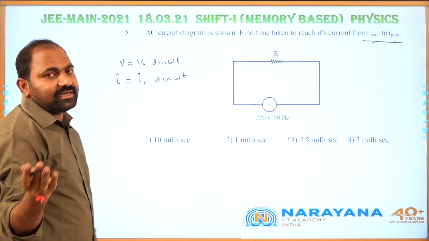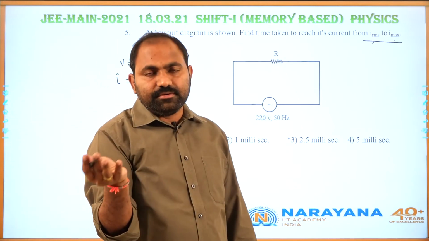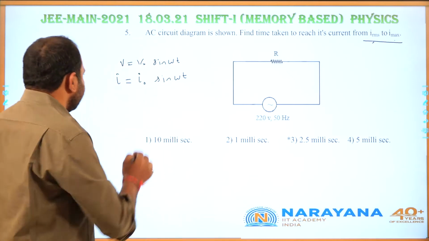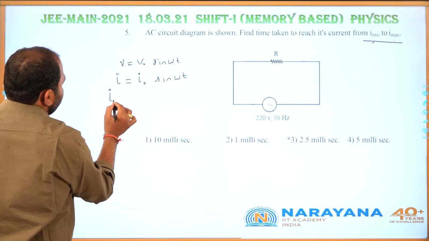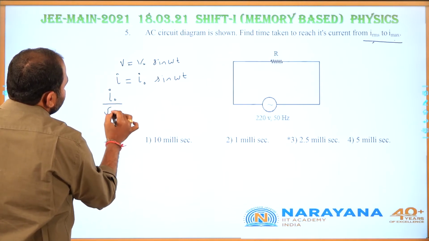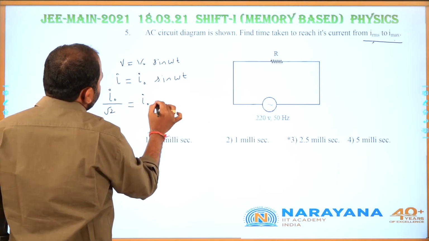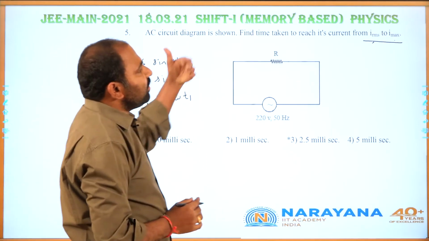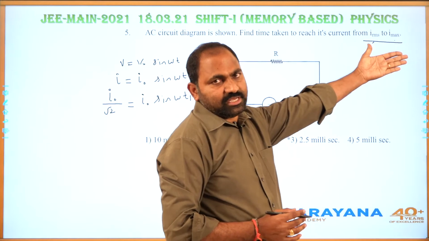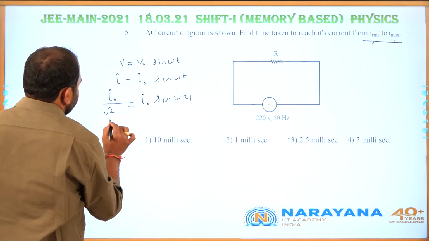Let T1 be the time at which the current flowing through the circuit equals the RMS value. We know that the RMS value of a sinusoidal function is I naught by root 2. So I naught by root 2 equals I naught times sin of omega T1. Similarly, when maximum current is flowing through the circuit, that is nothing but I naught.